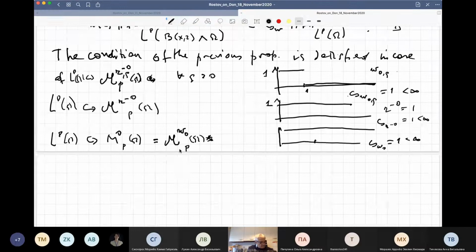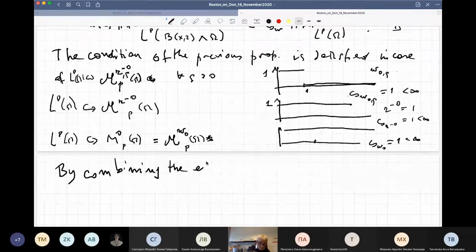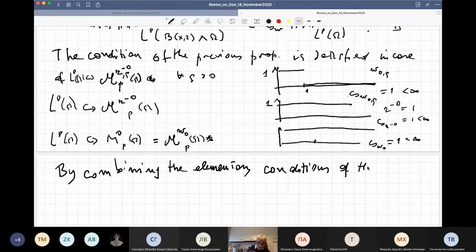Then we combine the two conditions, the condition of the infimum and the supremum, the elementary conditions of the previous propositions.